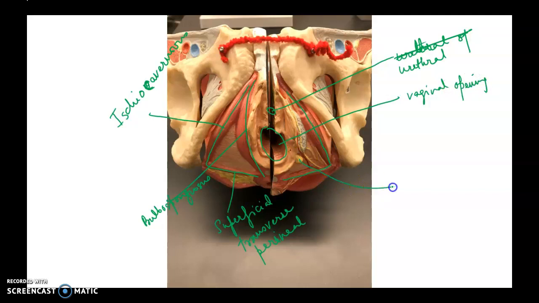You also see the greater vestibular gland, and right here this one is the bulbovestibule in this model.